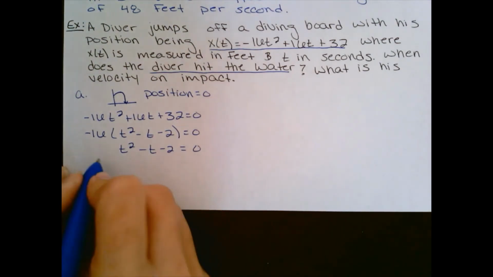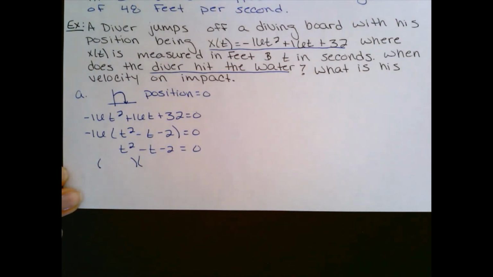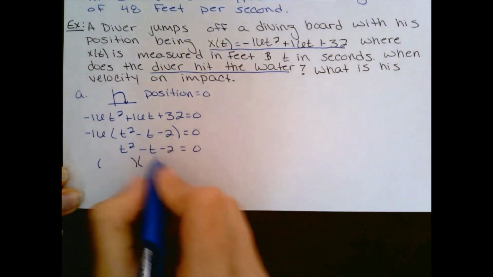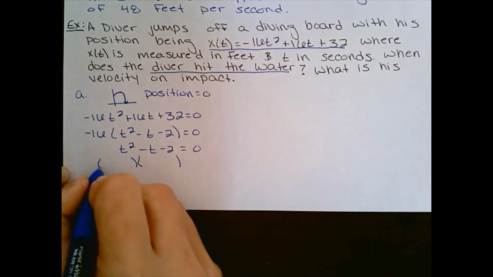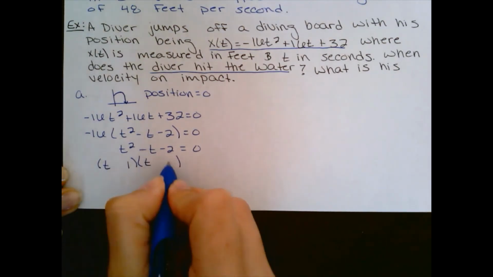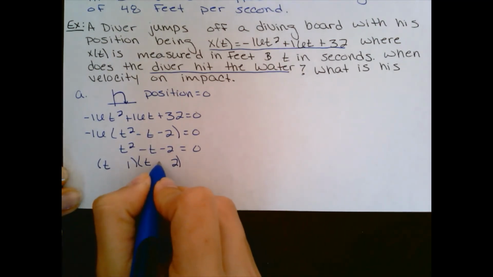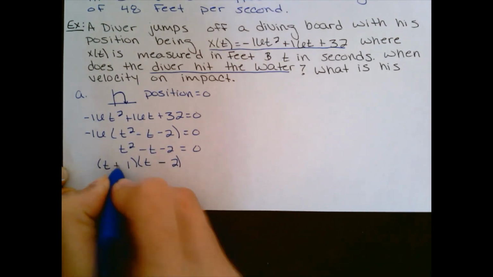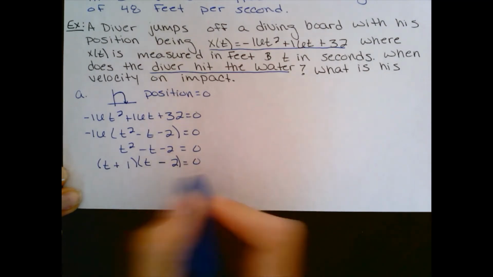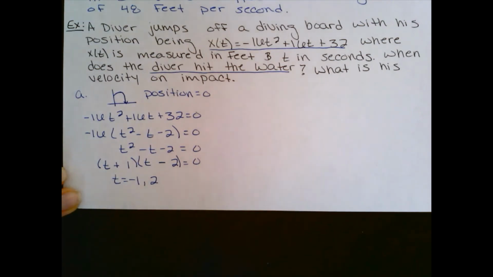And now I can have two binomials. t times t equals t squared, and 1 times 2 equals 2. I need to end up with a negative t here, so I need my larger number to carry that sign. And I could say that t equals negative 1 and 2.